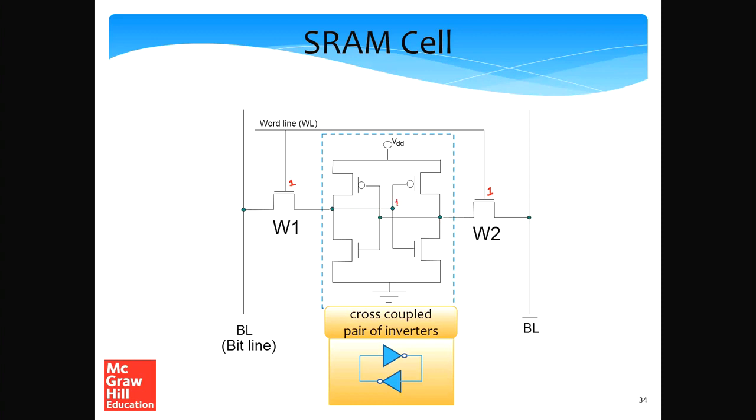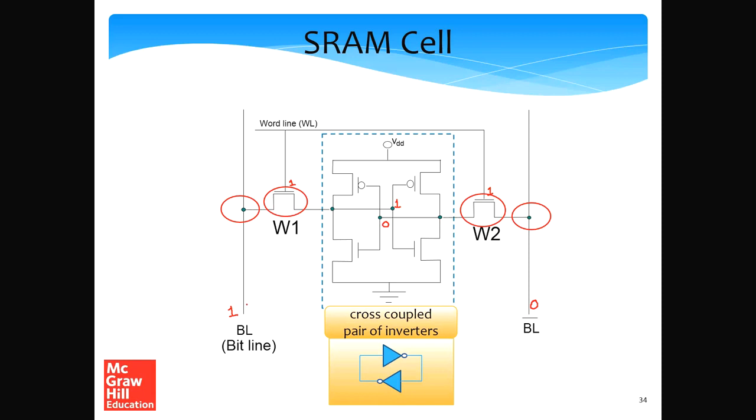For example, if this voltage is a logical 1 and this is a logical 0, then over time the voltage of BL will become a logical 1 and the voltage of BL bar will become a logical 0, and thus we can infer that 1 is stored inside the cell. That's how we will read.